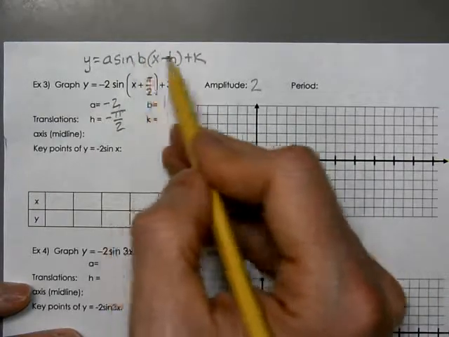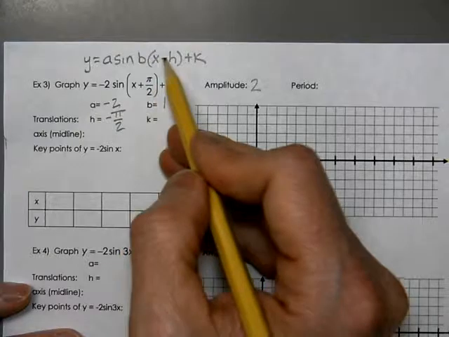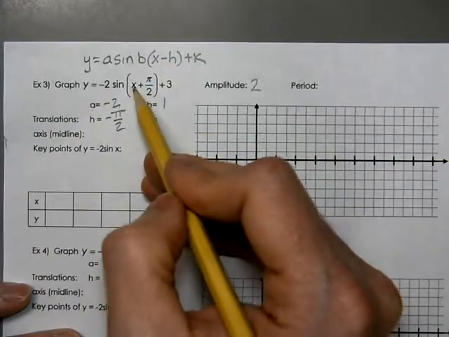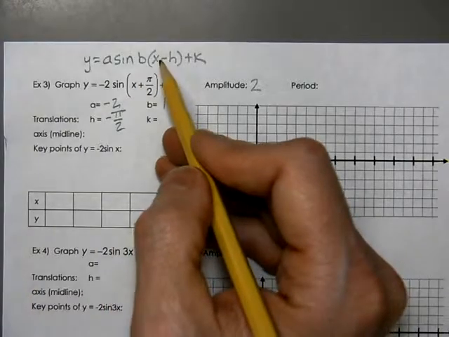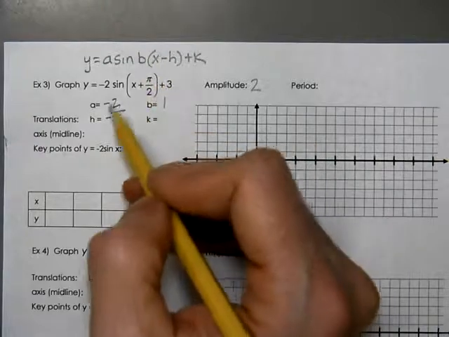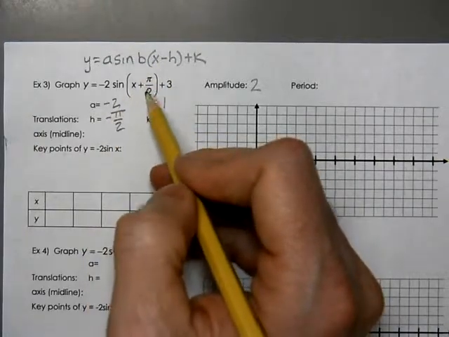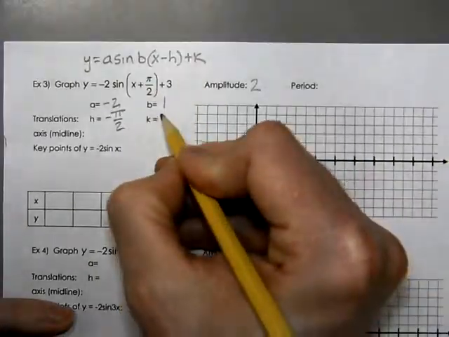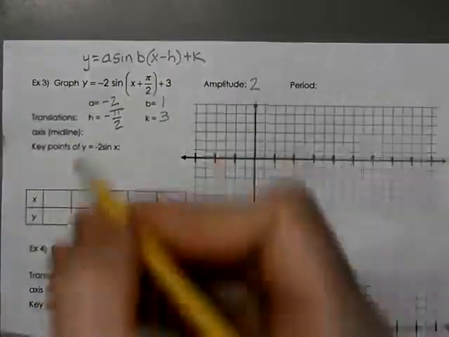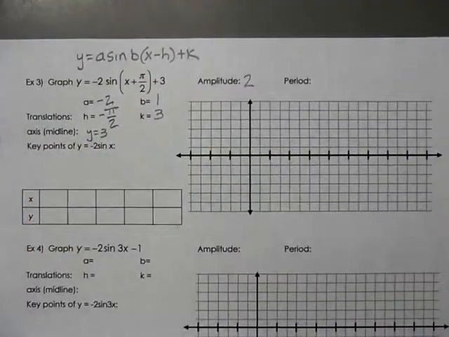The b value is always outside the parentheses, but in x minus h, the formula is minus. So if it's a positive, then a negative and a negative made that positive. So the h had to be negative to help produce the positive pi over 2 in our equation. Our k value is 3, so we know our midline will eventually end up at 3.